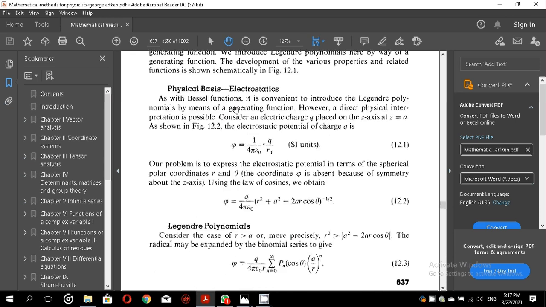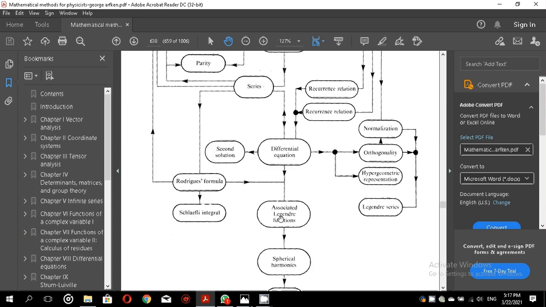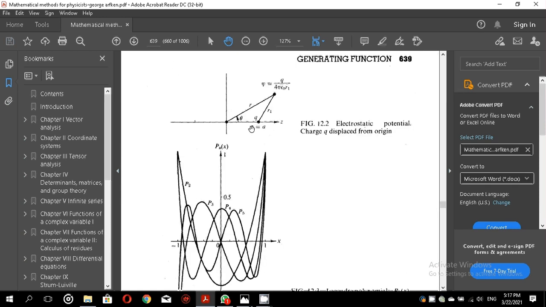Now if I look at 1 over r1 from this diagram and apply the cosine law, which you know: r square is equal to r1 square plus z square minus 2 r1 z cosine theta.